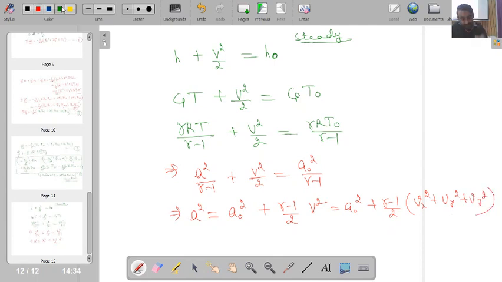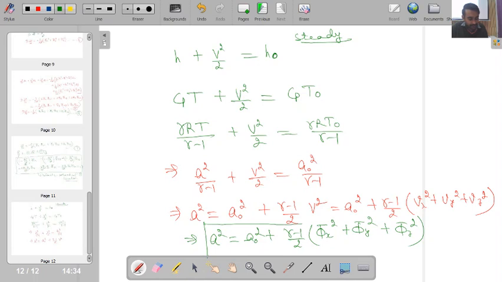So ultimately I will get a square equal to a naught square minus gamma minus 1 by 2 into, in place of Vx, phi bar x square plus phi bar y square plus phi bar z square. This is another important equation which gives the relationship between a and velocity potential functions. So say this is my equation number 11.